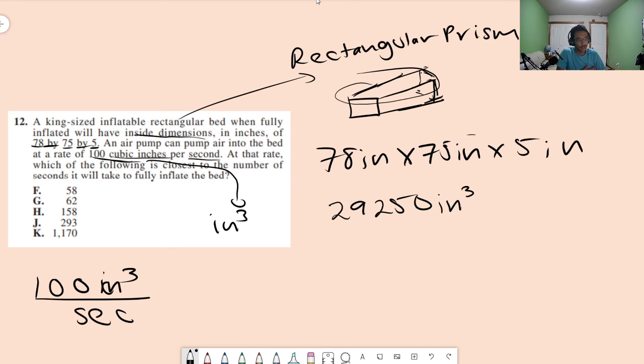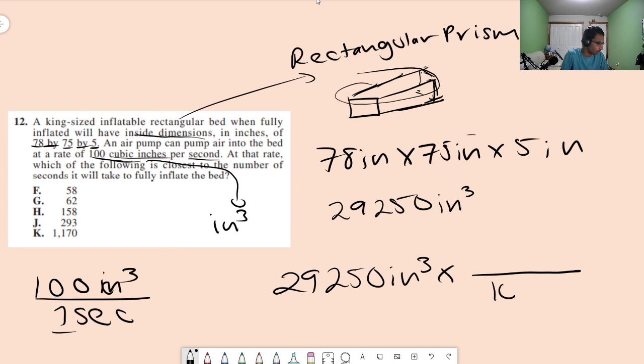So what's interesting is in order to figure out the number of seconds, right? We can flip this fraction around and use it to our advantage. So our entire volume is 29,250 inches cubed, and for every 100 inches cubed to inflate, it would take 1 second, right?